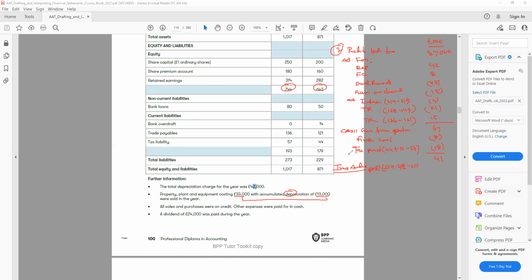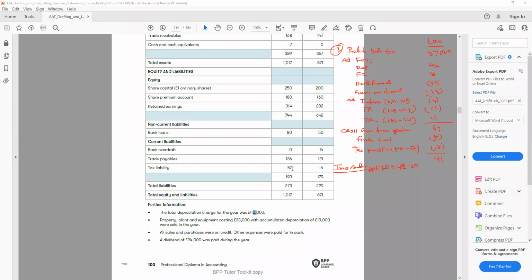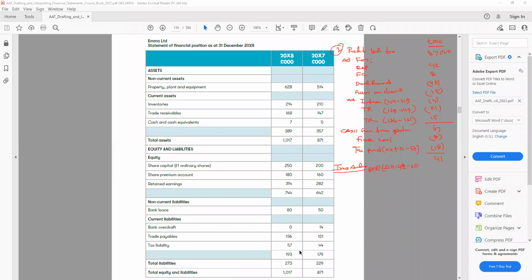And finally, you have to minus the closing balance. How much is the closing balance of the property, plant and equipment? That will tell us how much exactly I bought during this year. And how much you buy means money is going out for that asset. So closing 628.